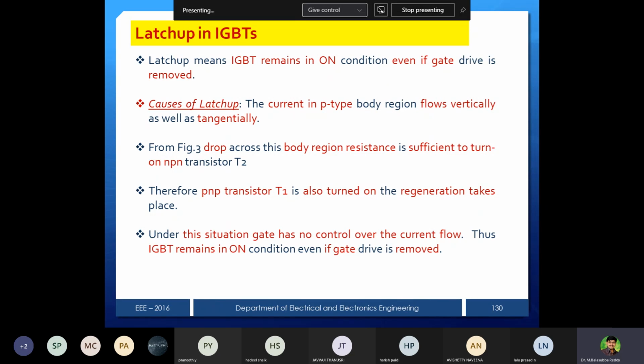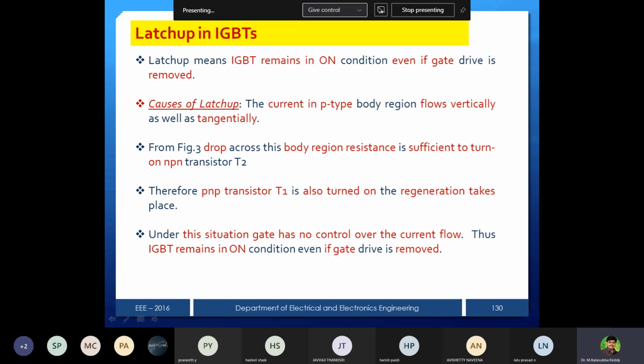The body region resistance, which we denote as R, may be sufficient to turn on the NPN transistor T2. If the voltage across that body resistance is sufficient to turn on T2, then eventually T1 will fire, regeneration will take place, and the device will continue to be on.